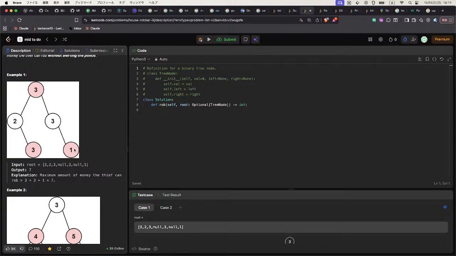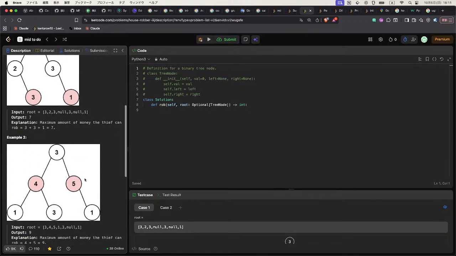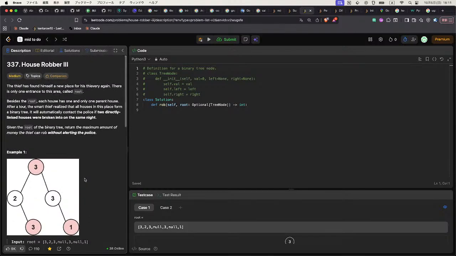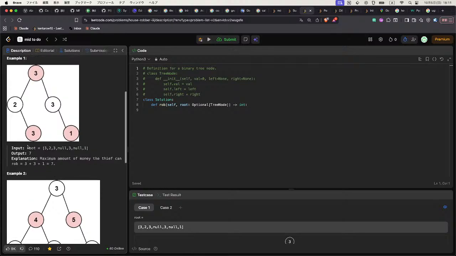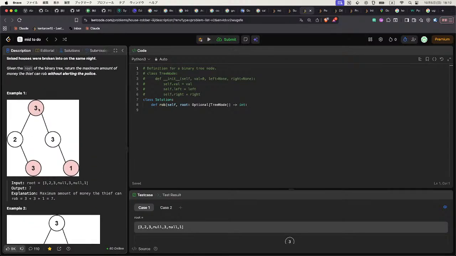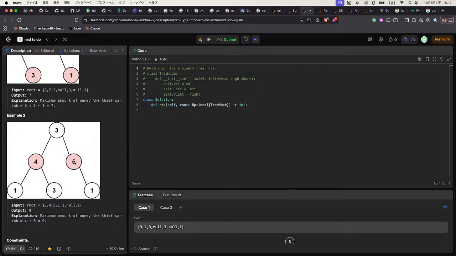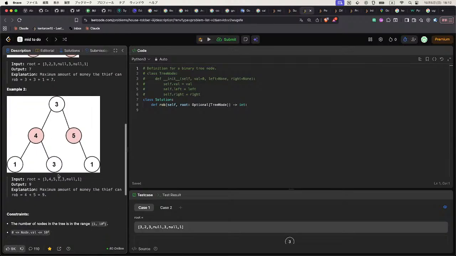Three, two, three, three, two. I see. So in this case, we have to pick the nodes, and they can't be adjacent. Yeah, like this.